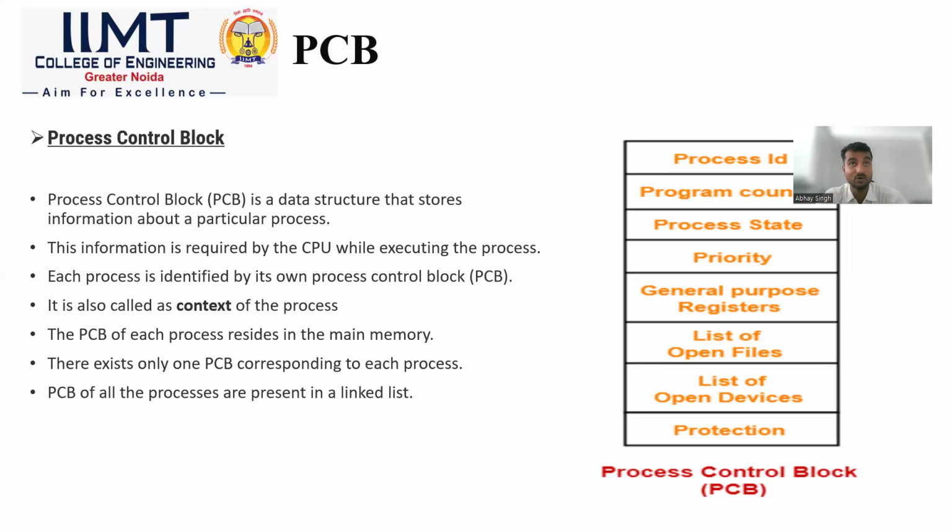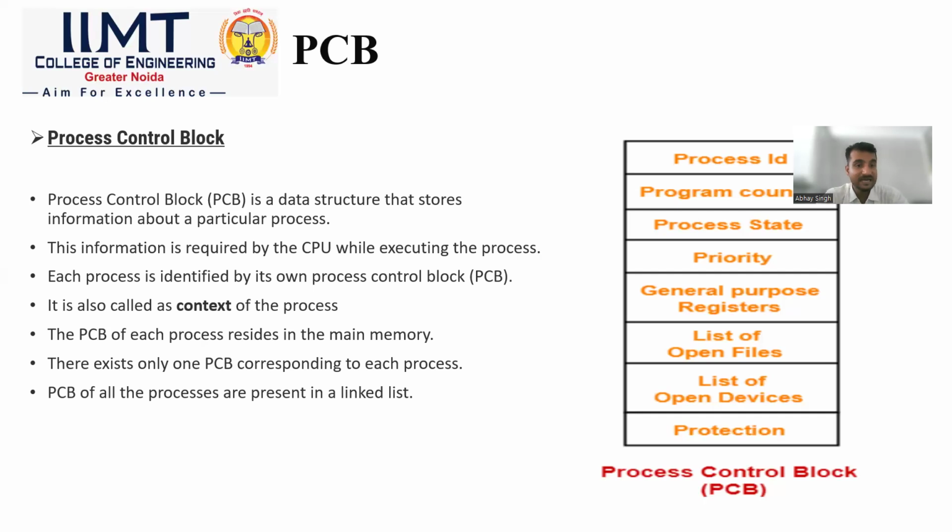When the process is executed, this information is required: process ID, program counter, process state, priority, general purpose register, list of open files, list of open devices, and protection. These are required during execution. So when a program comes from secondary memory to main memory, this information is kept in the process control block.